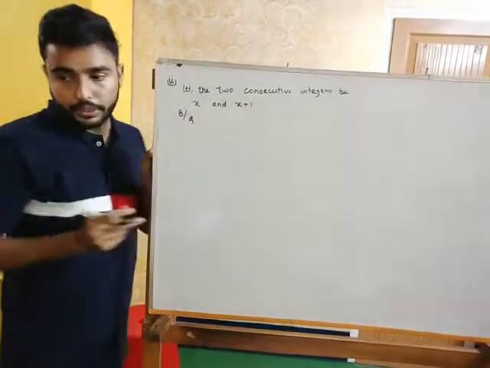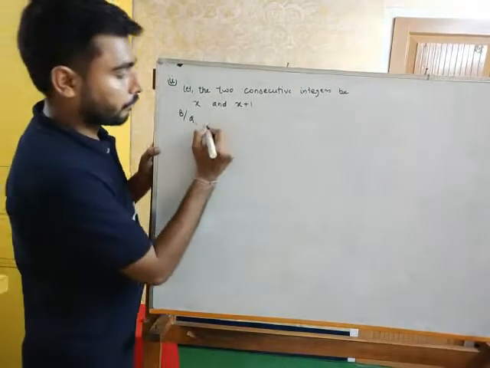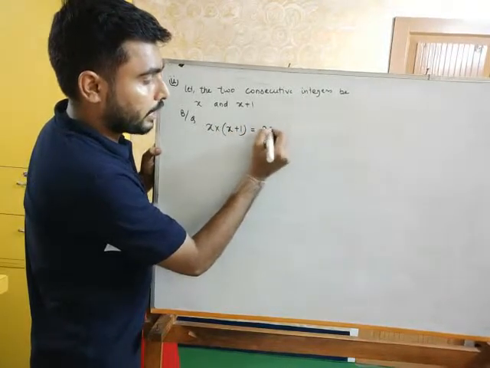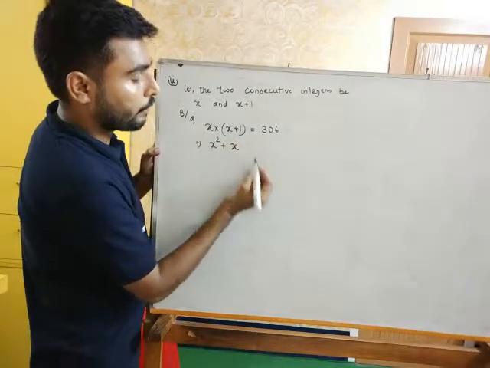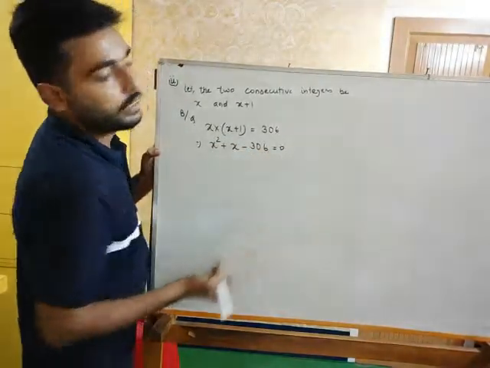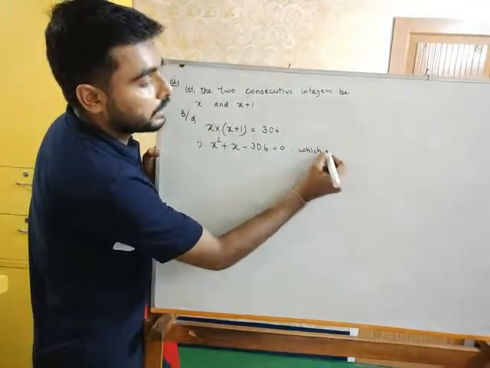So in the question it is given that their product is x into x plus 1 is equal to 306. So x into x is x square and x into 1 is x. 306 taken this side would be minus 306, and it became a quadratic equation.